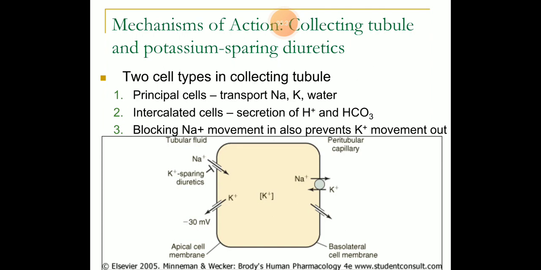And there is another term which you have to learn while going through the process of learning diuretics, that is free water clearance. This is defined as the volume of urine excreted per unit time in excess of that required to excrete the contained solute isoosmotically with plasma. It is positive when dilute urine is passed in the absence of antidiuretic hormone, and negative when concentrated urine is passed in the presence of antidiuretic hormone.